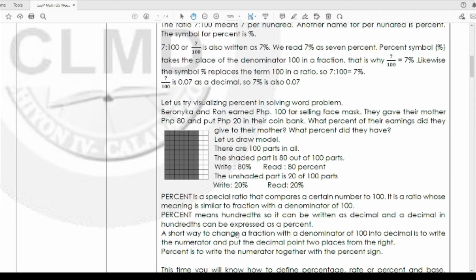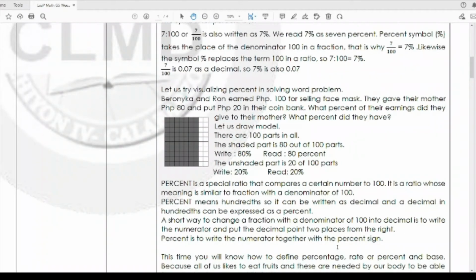A short way to change a fraction with a denominator of 100 into a decimal is to write the numerator and put the decimal point 2 places from the right. To write it as a percent, write the numerator together with the percent sign.